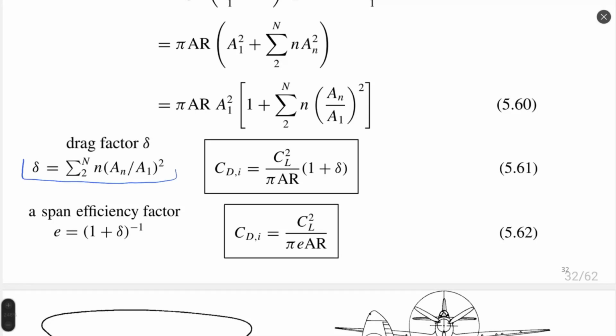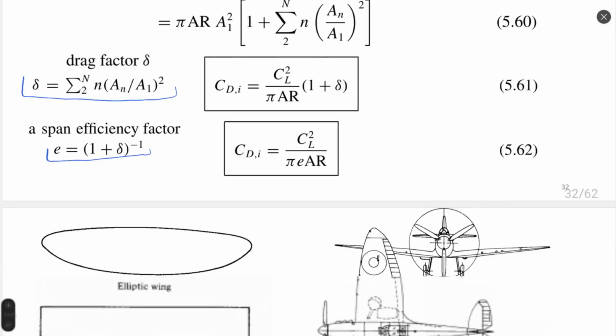Very soon we will see graphical values of this delta factor. Or we can rewrite equation 61 in the form of equation 62, where instead of the drag factor we use a span efficiency factor, E, defined as 1 divided by 1 plus delta.